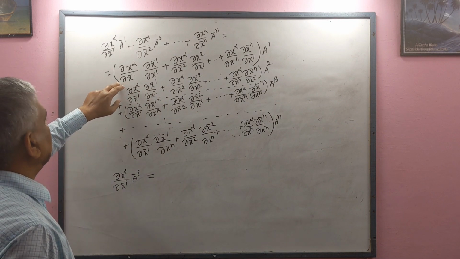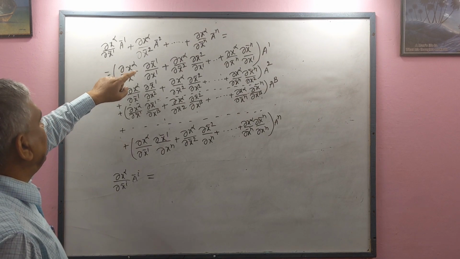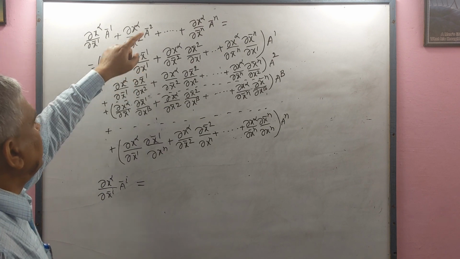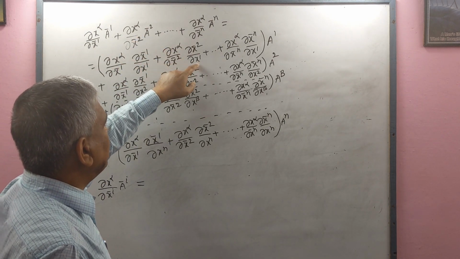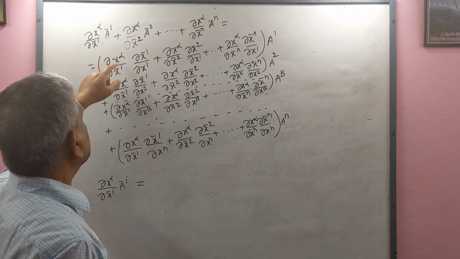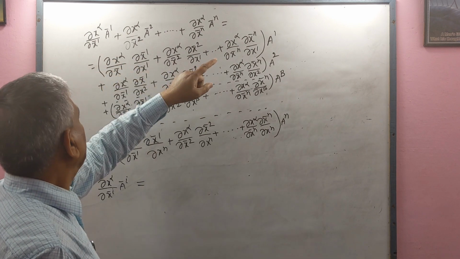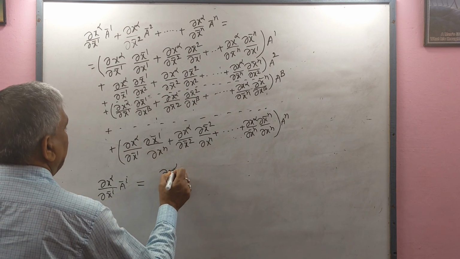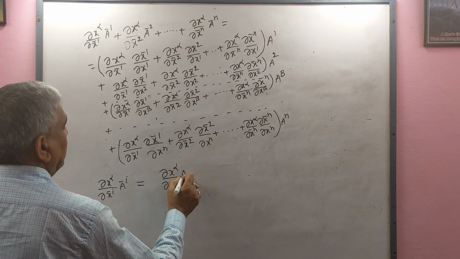Now here in the first line we see that this is del x alpha by del x bar 1, del x bar 1 by del x 1, del x alpha by del x bar 2, del x bar 2 by del x 1. So this is the derivative of x alpha with respect to x1. So we may write del x alpha by del x1 A1.